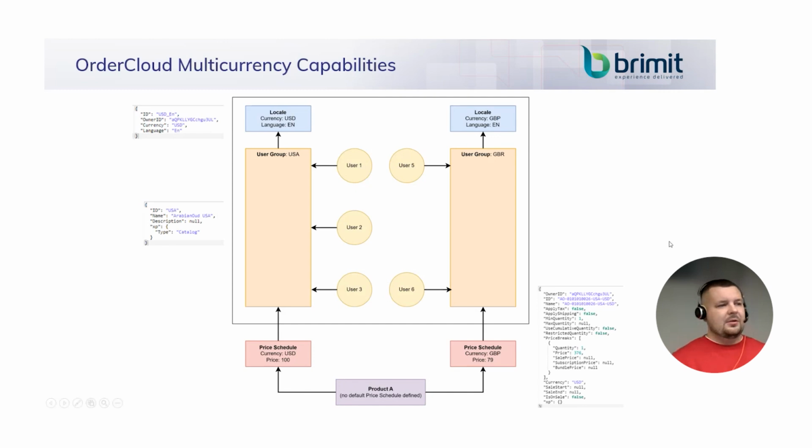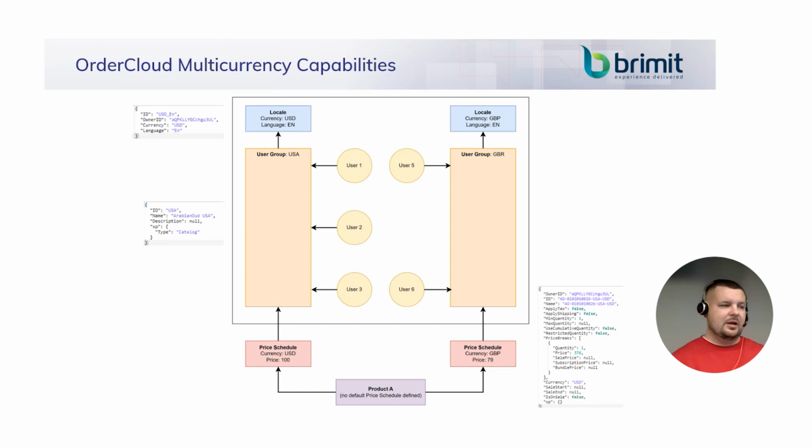So what needs to be created? First of all, everything depends on locale. Locale is an entity which consists of a few properties like currency and language, where you can define website currency and website language. The locale and cart can be referenced using a user group.